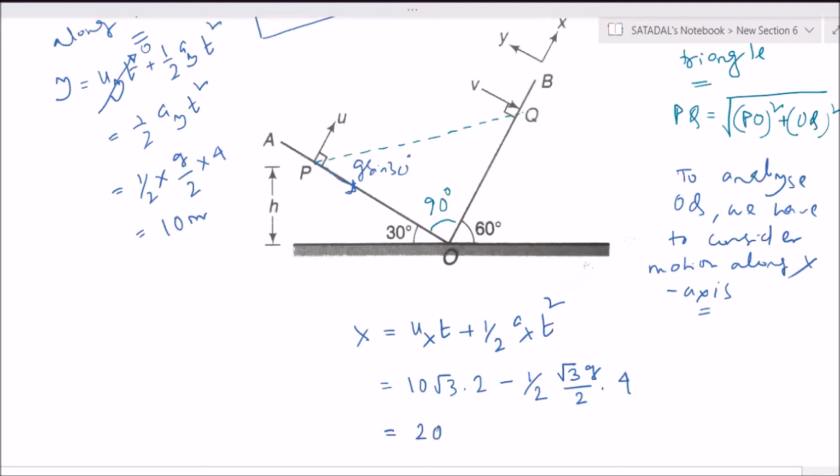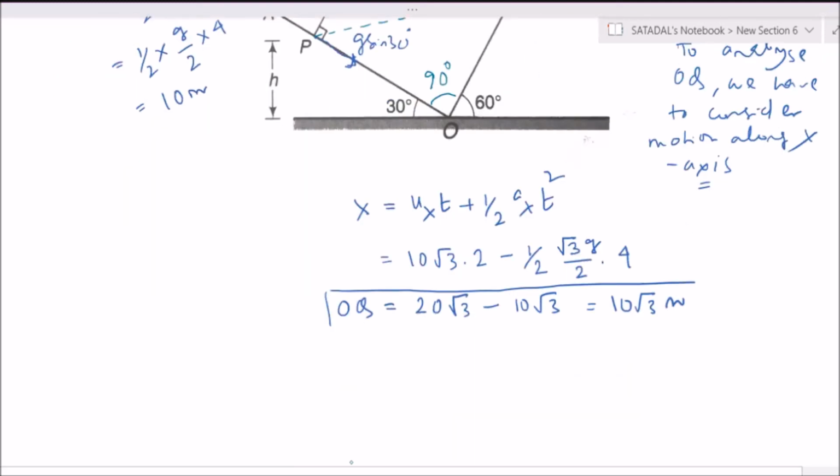So this becomes 20 root 3 minus 10 root 3. It becomes 10 root 3 meter. This is Q. Any doubt, please? So next, what should I do?